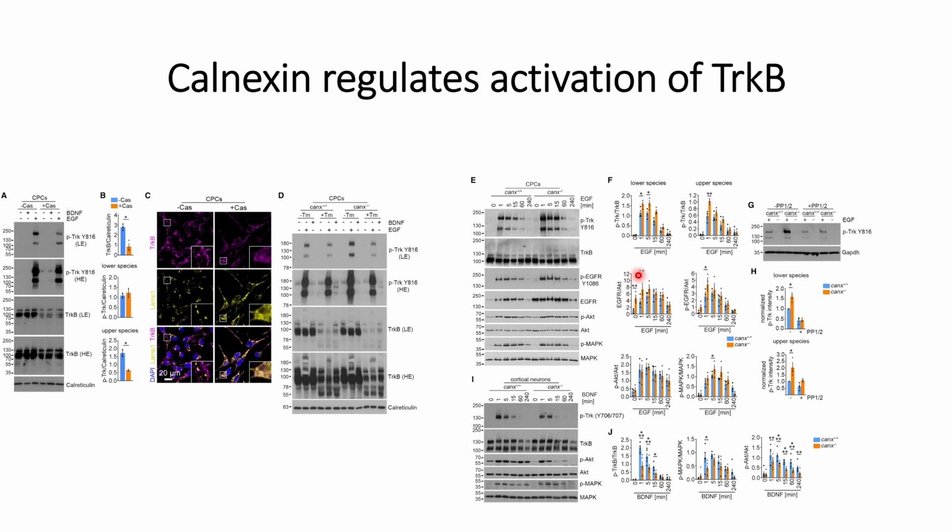So this indicates that in the case of this Calnexin knockout, these pathways are upregulated compared to the case where Calnexin is present. And for this phosphorylated AKT, they can see that for the lower species there is no significant upregulation, but for the higher species they can see significant upregulation at 5 minutes. After that it goes down because the EGF amount goes down with time. So it peaks at 5 minutes.